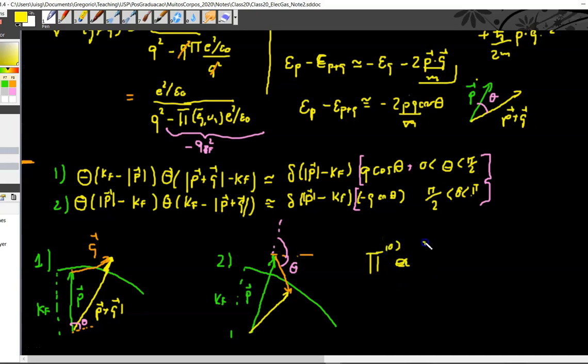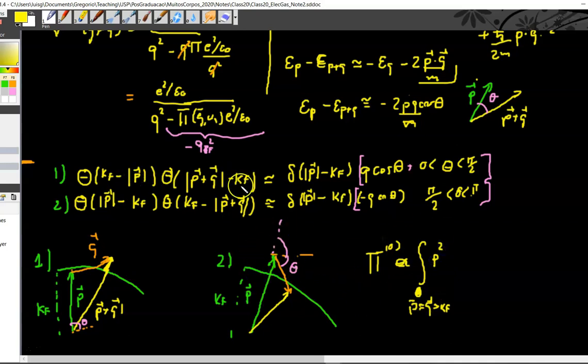So I can hand-wavingly say something like this, so that my integral for my pi 0 would be something like an integral in a small region where P is of the order of Q, because it's the intersection between these two regions, P around KF, but P of the order of Q. There will be a P square, so it's definitely not over the entire volume.